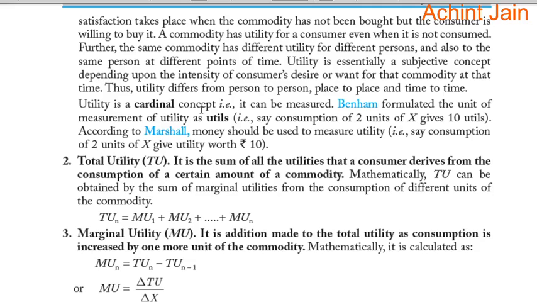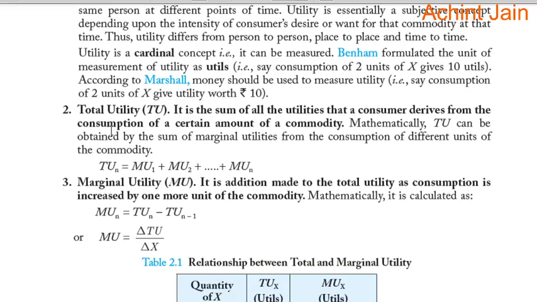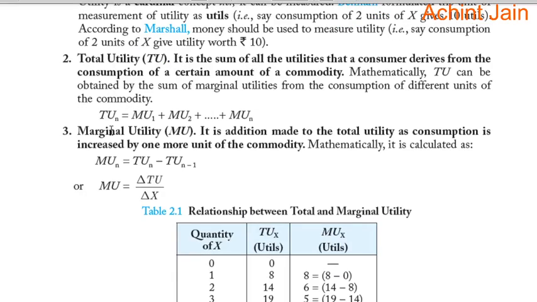Now we will discuss the total utility. Cardinal utility has two concepts. One is the total utility and another is the marginal utility. On the screen you will see the dark words. The total utility is the total satisfaction obtained by a consumer by consuming a given quantity of a particular commodity. Overall we can say it is the sum total of the marginal utilities obtained from the consumption of successive units of a commodity.